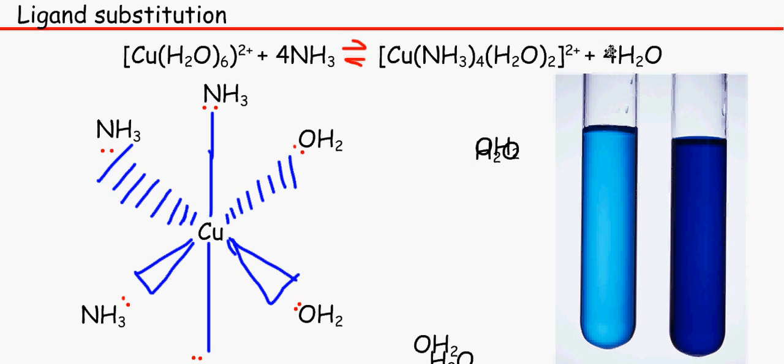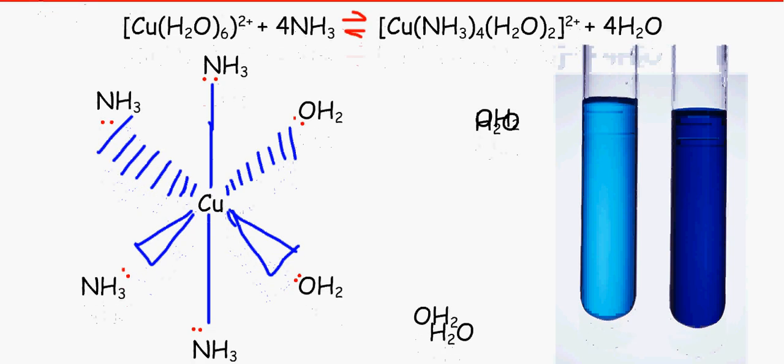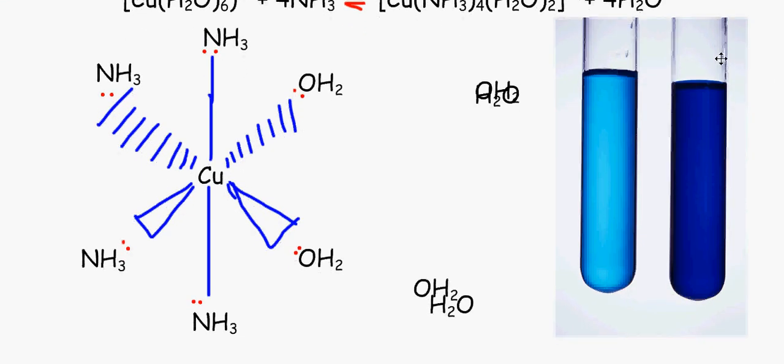You do need to learn the colours for it. You do need to learn that if we are substituting ammonia into aqueous copper, it makes a deeper blue solution. You do need to learn that.